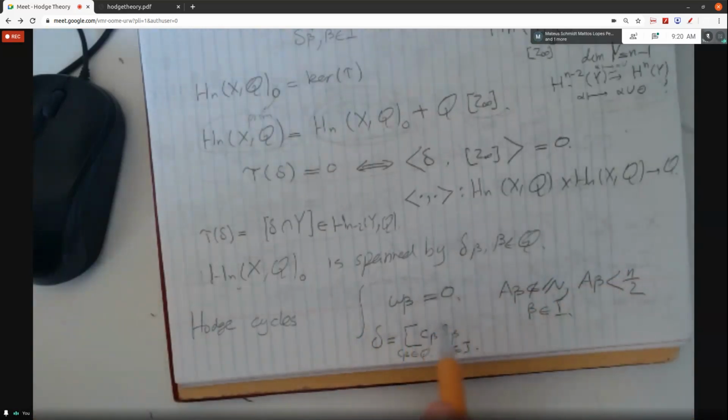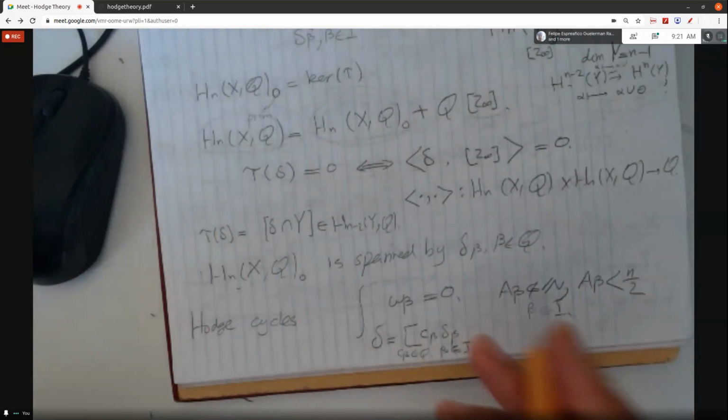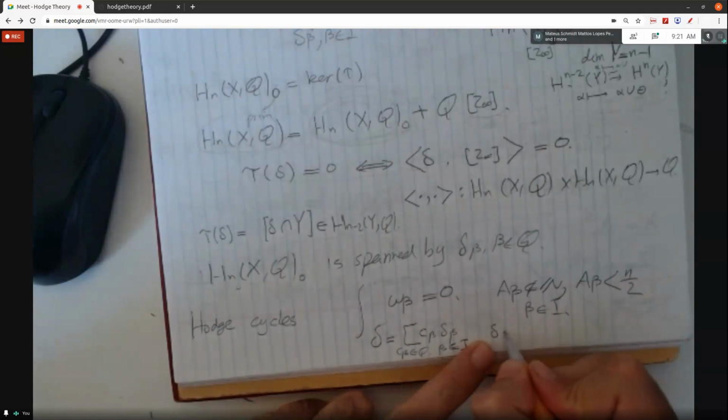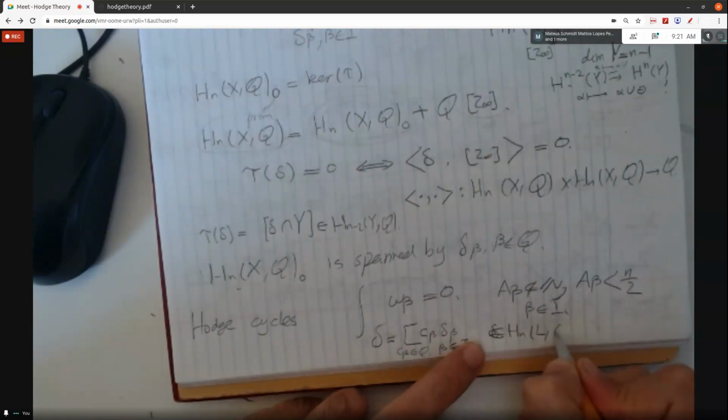Anyway, before going to compute concretely the space of Hodge cycles, let me say something about the fact that we have a lot of trivial Hodge cycles because these deltas are in the affine part. So at the end of the day, I will consider this one in H_n(L, Q).